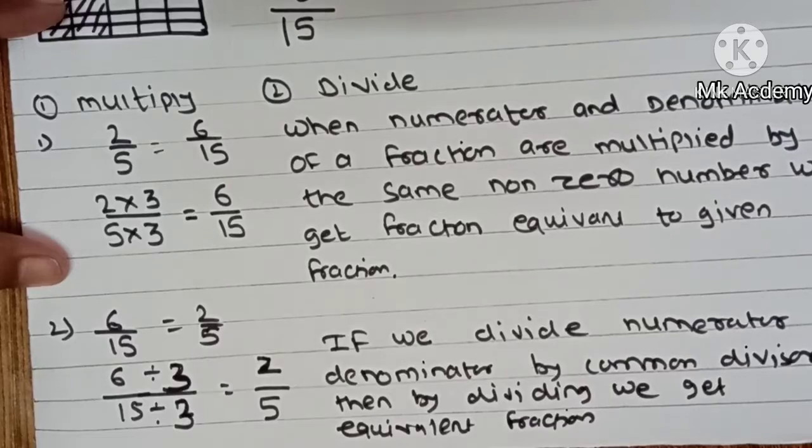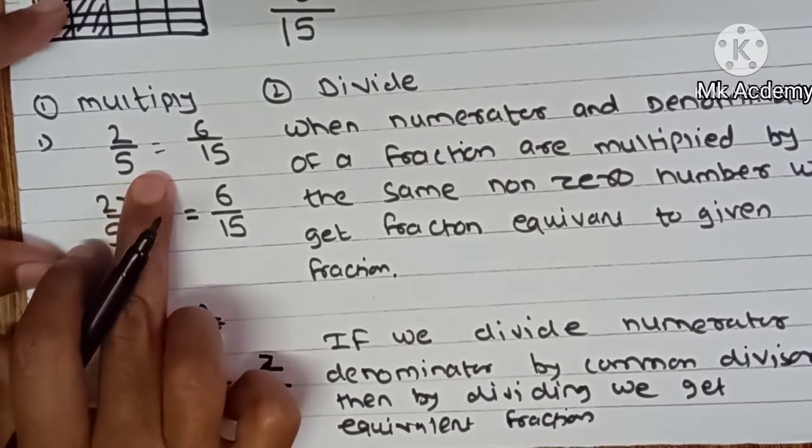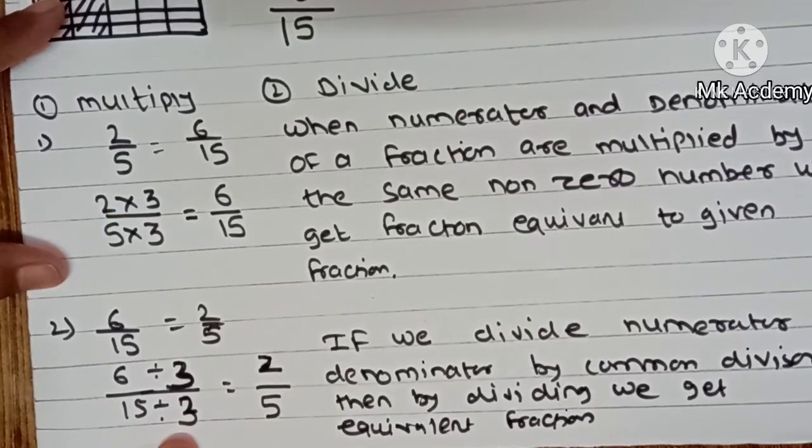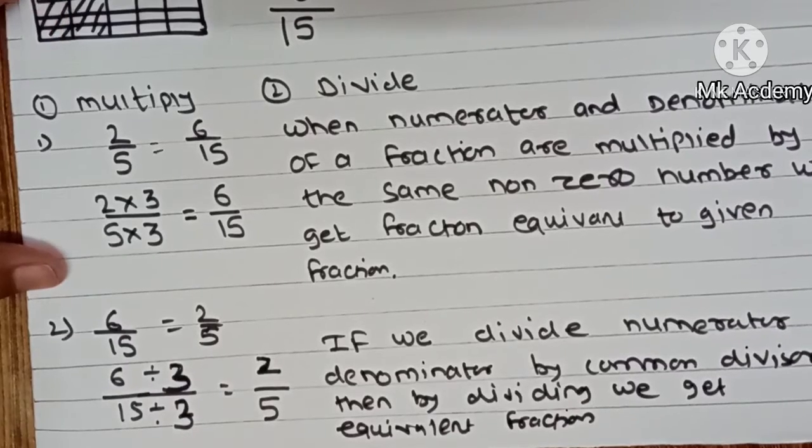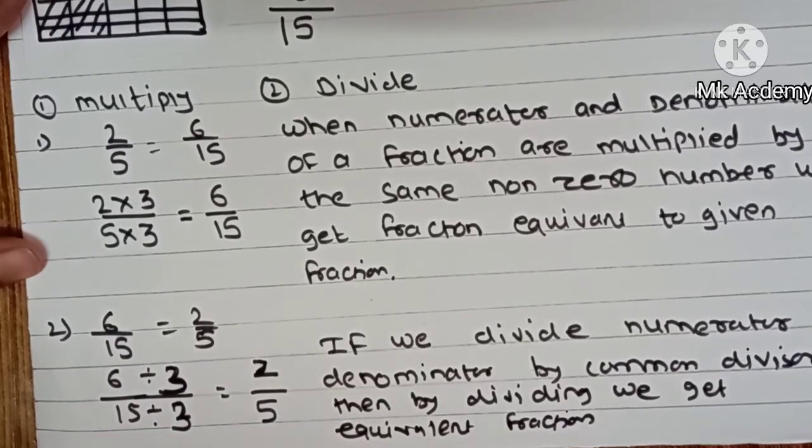Understood? To obtain equivalent fractions, we use two methods, by multiplying or by dividing. Now see the exercise on page number 17, question number 1.